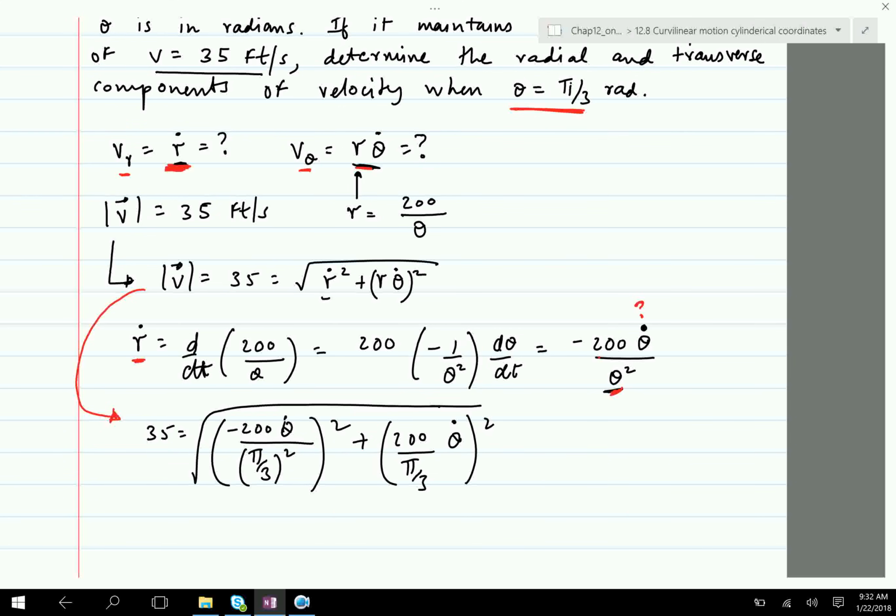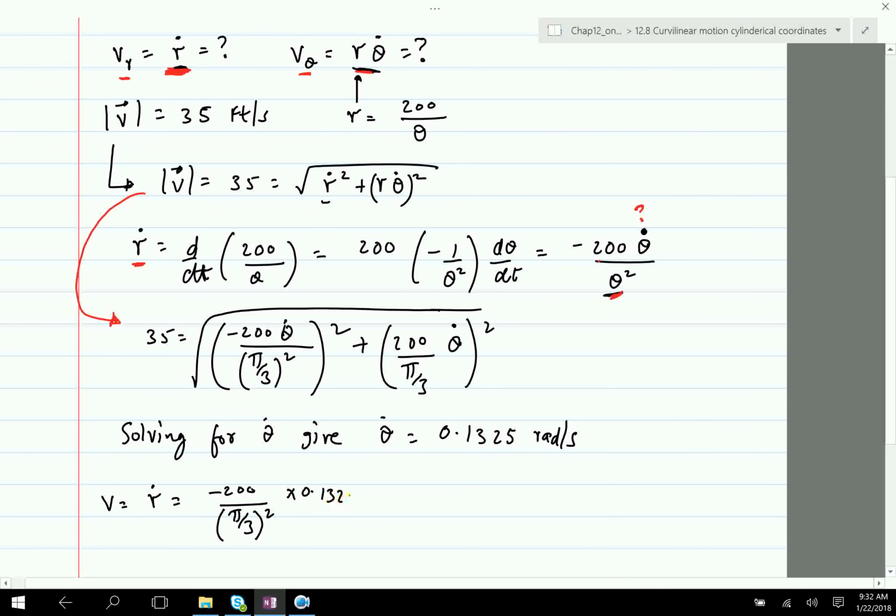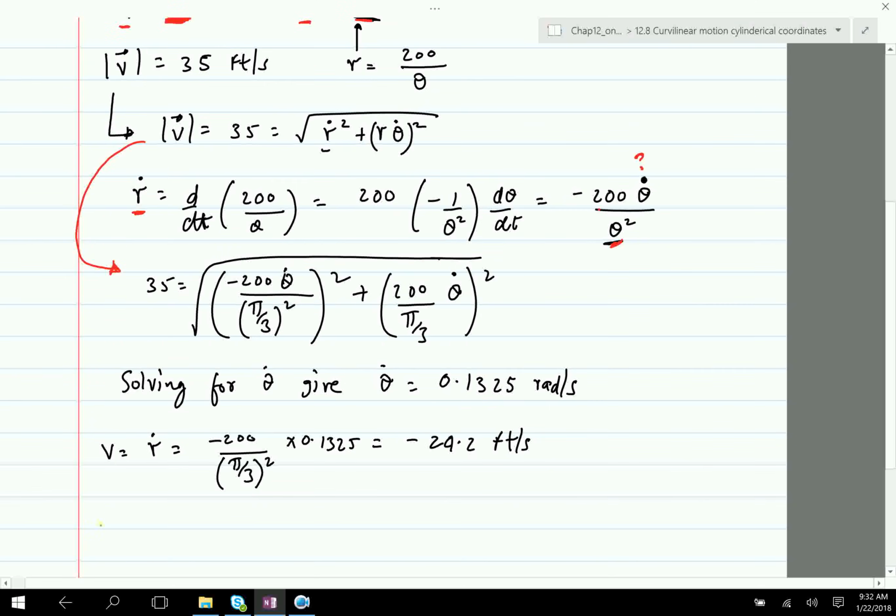What I get for theta dot is 0.1325 radians per second, and now I can solve for v, which is r dot, which is minus 200 divided by pi divided by 3 square times 0.1325, which is simply minus 24.2 feet per second. And so this is Vr.